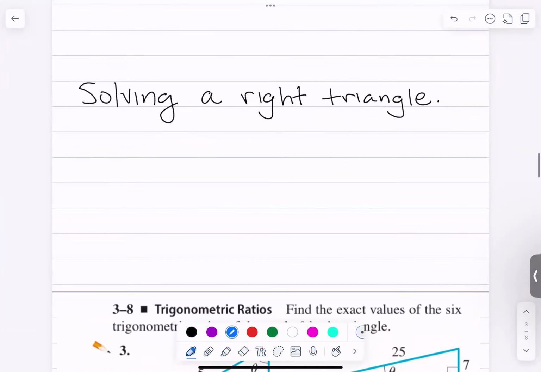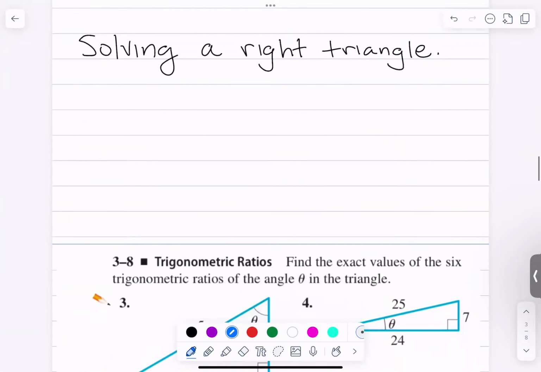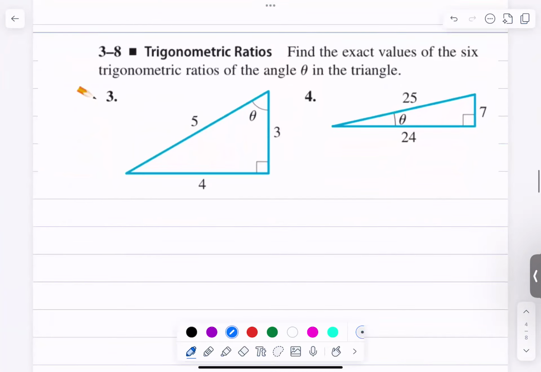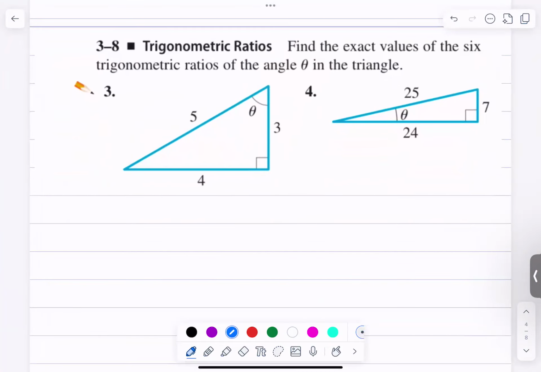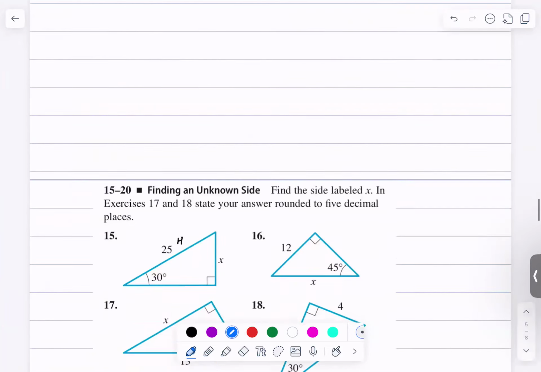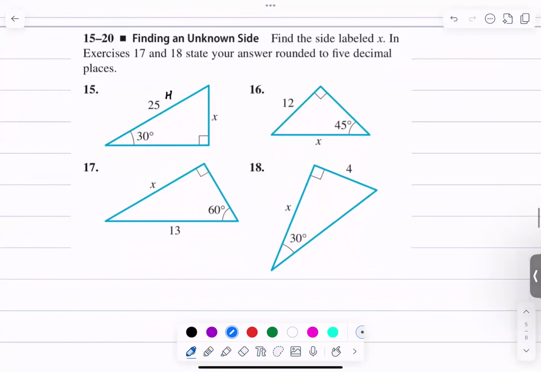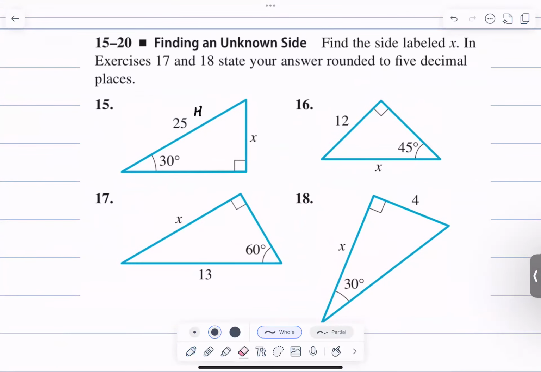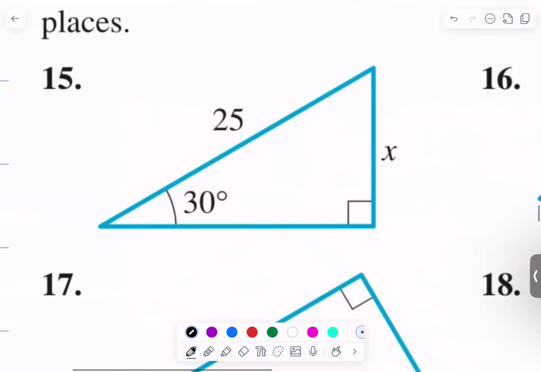Solving a right triangle. We already know how to do these two, so I'm going to skip this. Notice in this batch of problems, we have special right triangles. We have 30 degrees here for number 15. So this is 60 degrees, and that's 90.